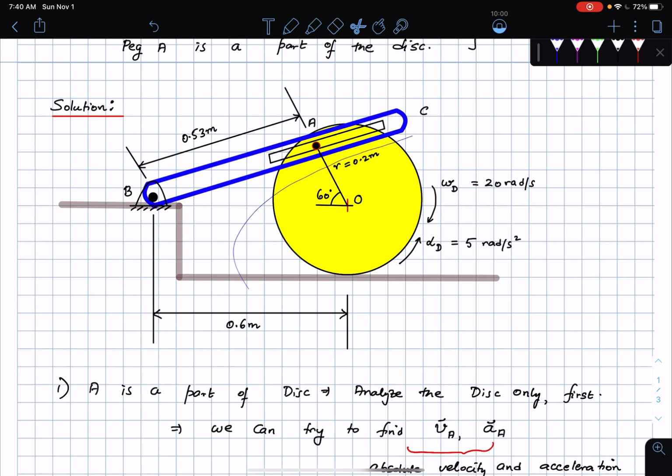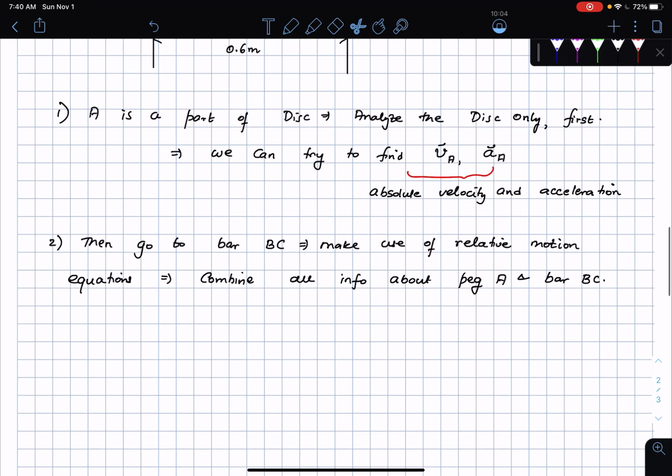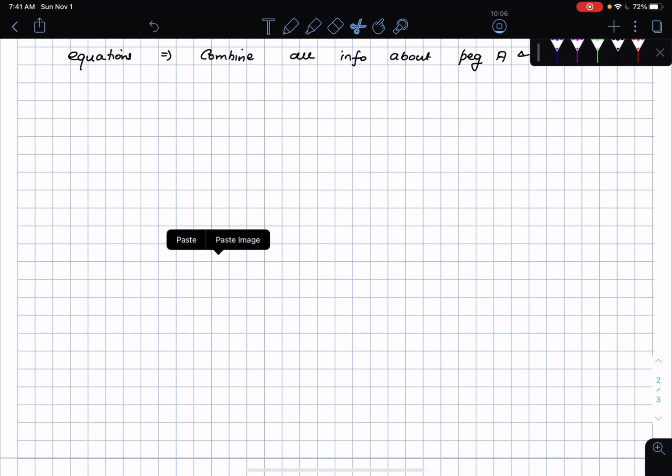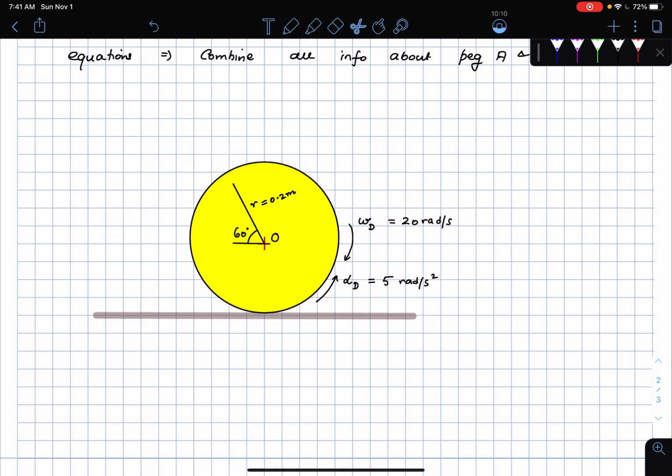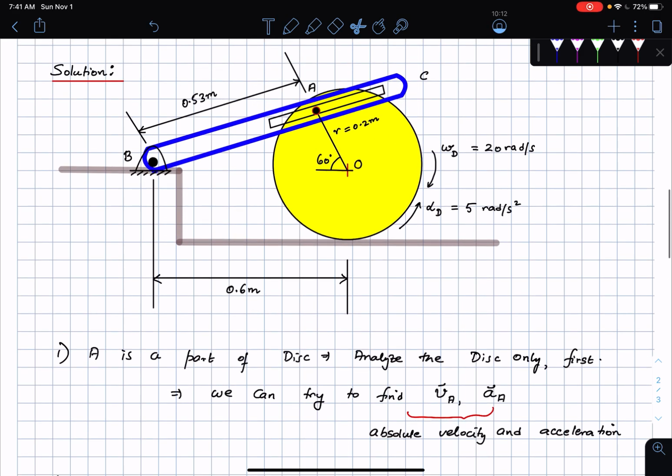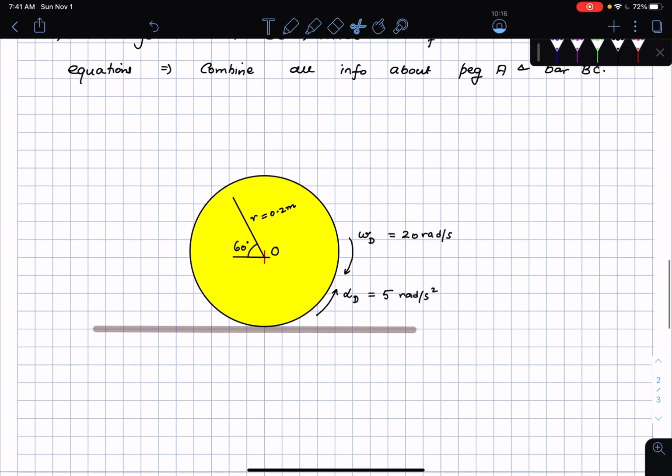I'm going to copy all of this and analyze only the disk, and put this up here. I missed getting the peg, but I can copy that piece as well and bring it down here. So here is a peg which is approximately at the end of the disk, if you want to think of it that way.